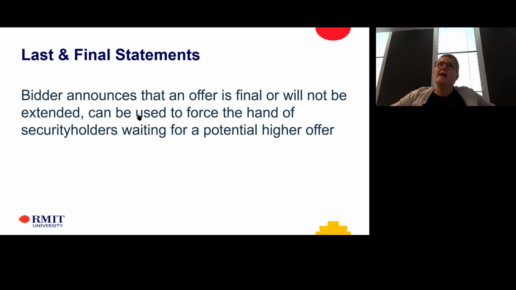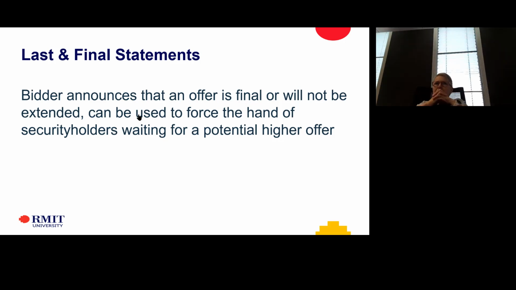Where I've seen that play out most interestingly is in off-market unlisted transactions. So if you have a company, whether it's closely held or not, that is a public company, and you make an offer for that company where that offer would be for more than 20% of the securities, you actually have to make a takeover bid.